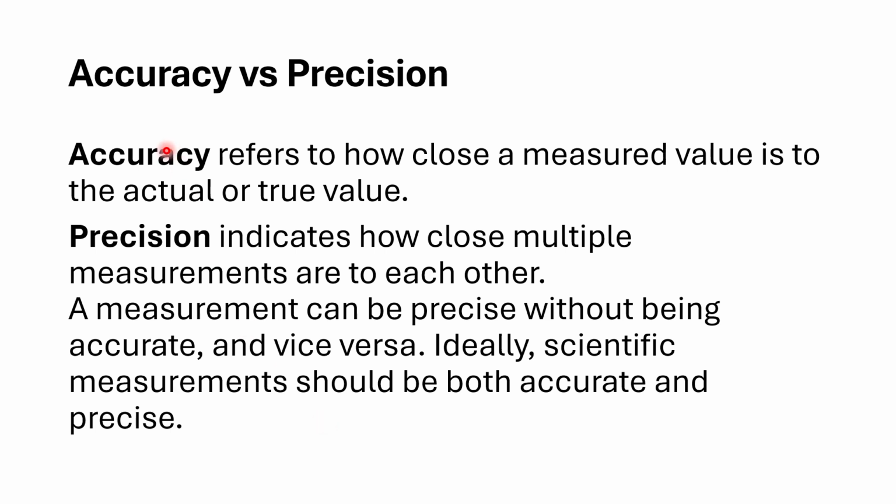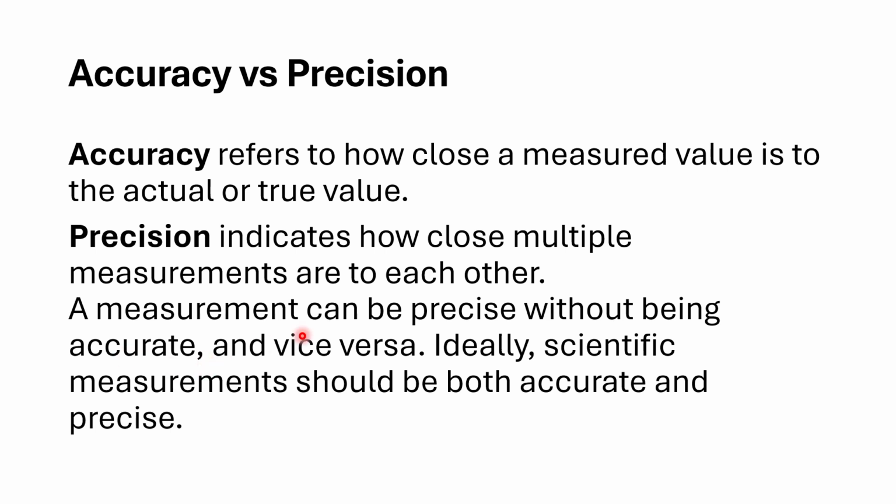In accuracy, we look at how close the measured values are to the actual value, but in precision, how close the measured values are to each other. Precision indicates how close multiple measurements are to each other. Here it is closeness with the actual value, and here closeness with each other. Here's the difference between them.